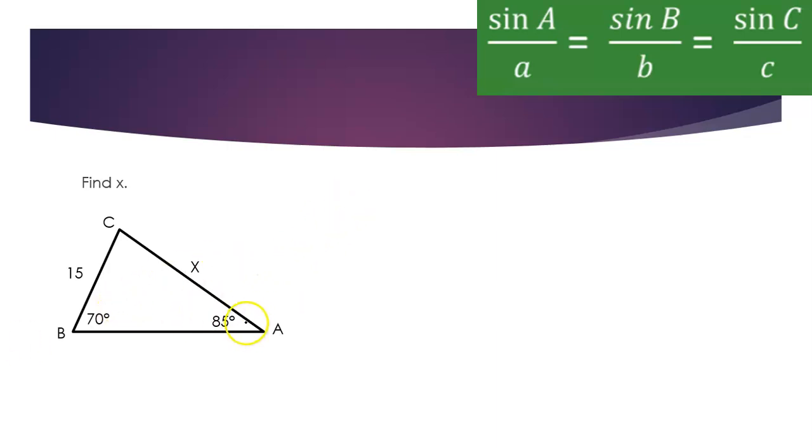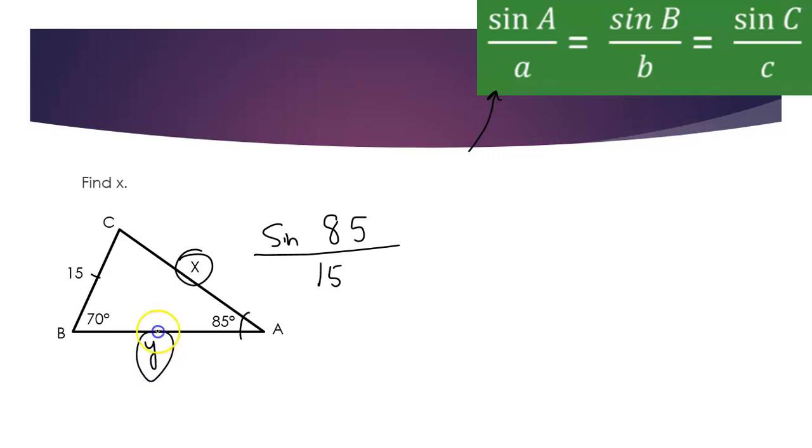So I have this angle right here, and I have this opposite side. So this is going to be, and you'll notice there's A, it's going to be the first ratio. So whatever the ratio is, so sine 85, sorry, let's put the sine in front of it, over 15, that is going to be the ratio that solves for C, so for this side as well.